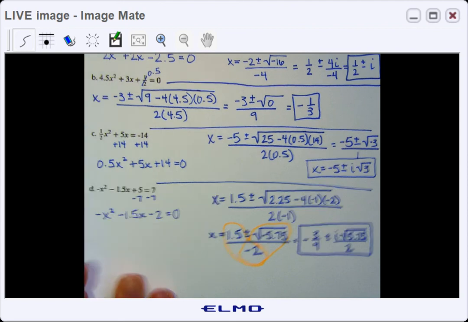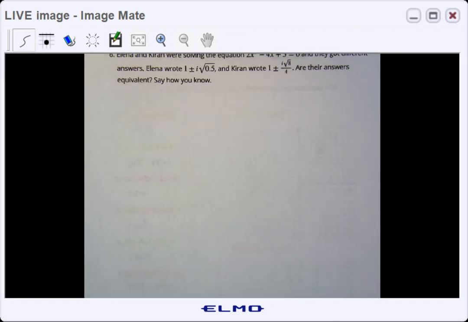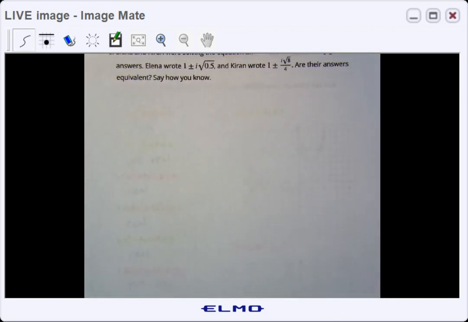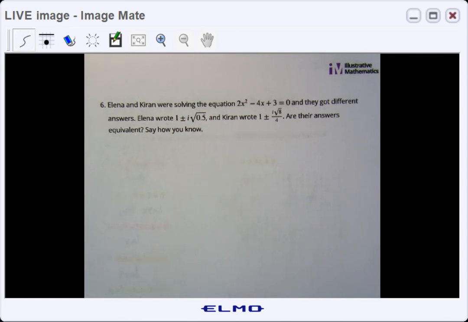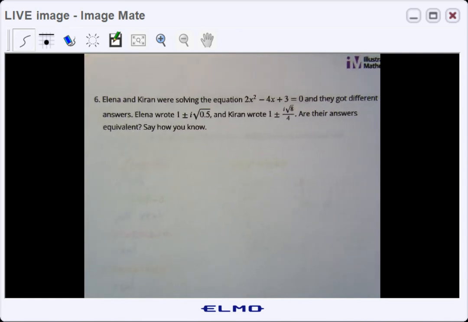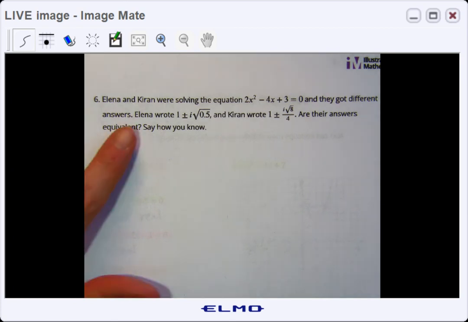All right, we've just got one more quick problem here. And I actually figured this out using my calculator, because when I look at the two possible solutions, so here they solved this equation. They must have used different methods and got different answers.